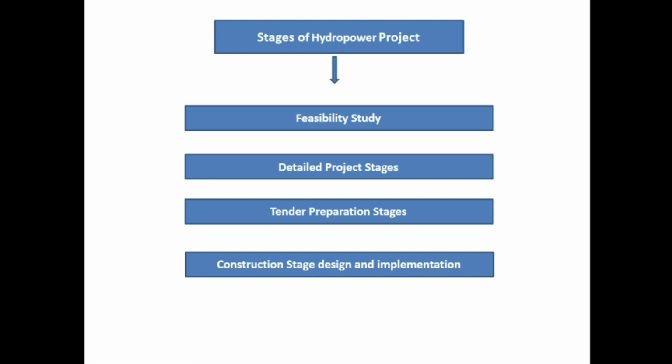Layout of powerhouse in vicinity of the dam, that is with short water conductor system, or layout with dam, a long water conductor system and powerhouse. Powerhouse may be surface powerhouse, or underground powerhouse, or semi-underground powerhouse.